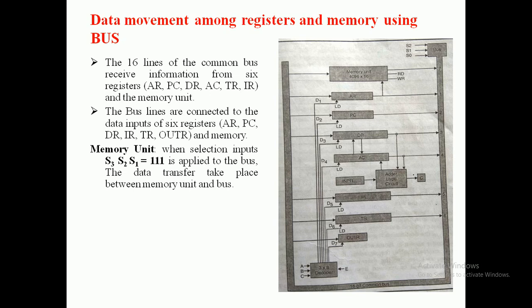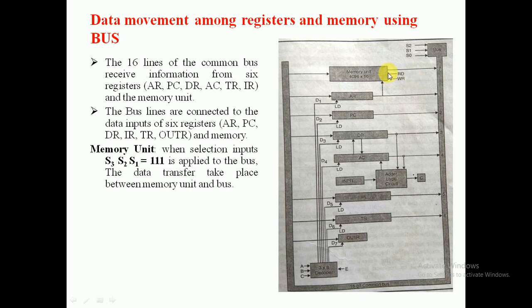Starting with the first example, when the selection inputs S3, S2, S1, we are considering S3, S2, S1, but in the block diagram the control selections are represented by S0, S1, S2. It is a small mistake, avoid it. So when these control signals 1, 1, 1 are applied to this bus, it selects the memory unit and then data transfer takes place between memory and the bus.